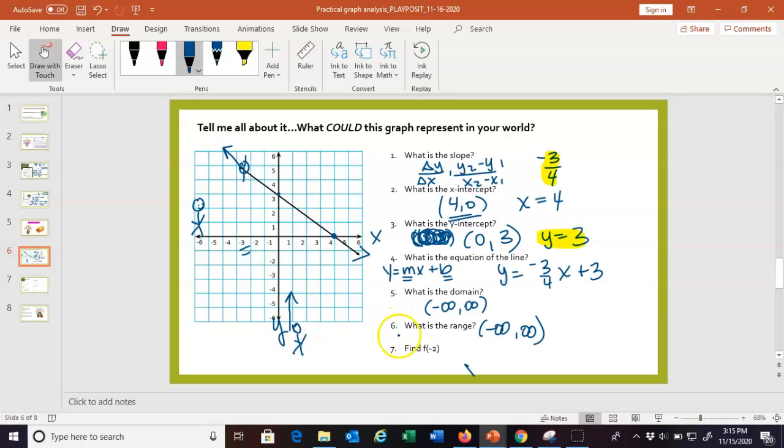All right, the last question here, find f of -2. Remember that we read that f of something. Here it's -2. And that's the input, so that's the x value. So what this is really saying is when x is -2, what is y? So we'll go on the coordinate grid at -2 for x, go up to the graph.